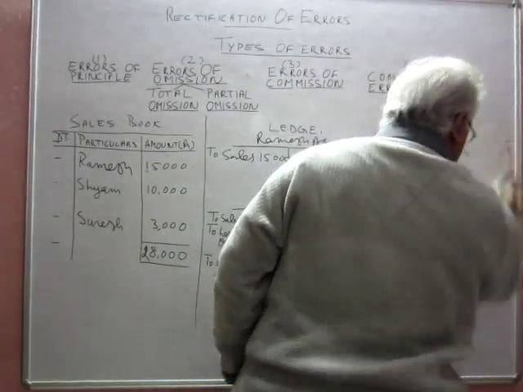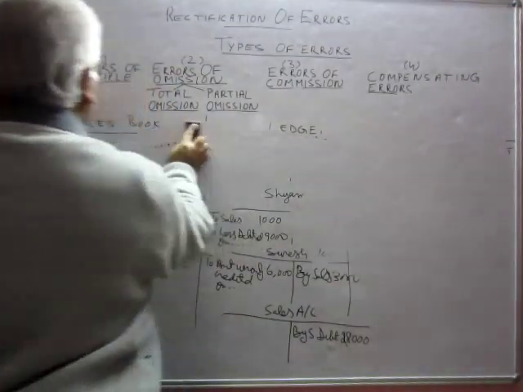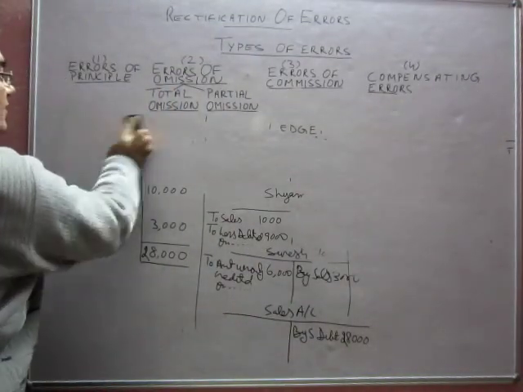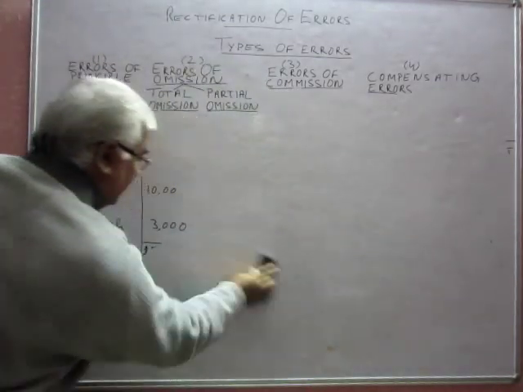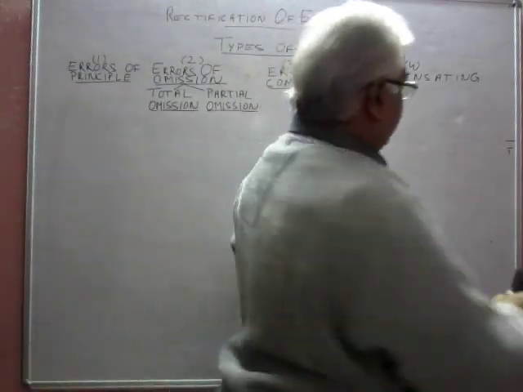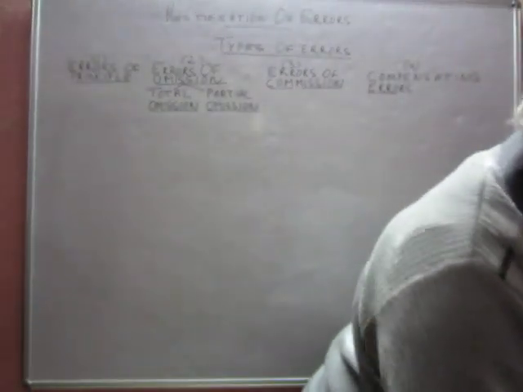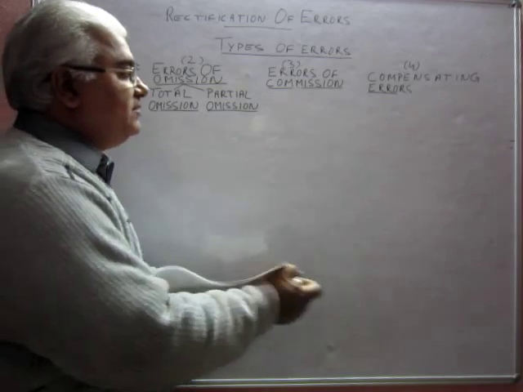So you will have to bear with me for a while as I write the question for you. Now, here is one question. Okay, let us first write the trial balance.